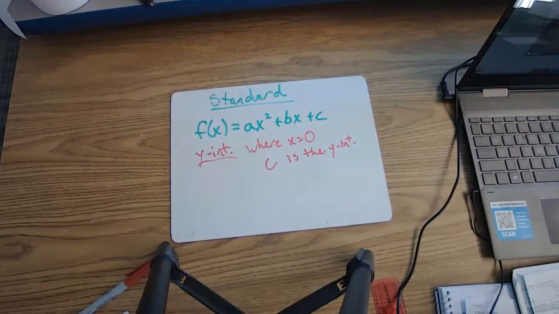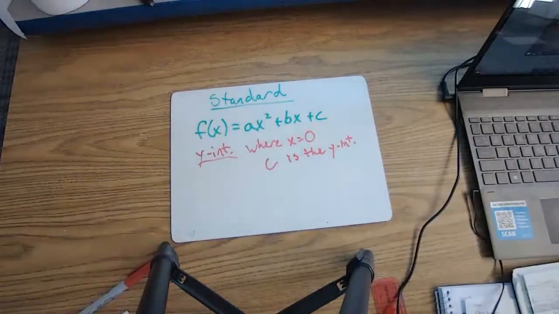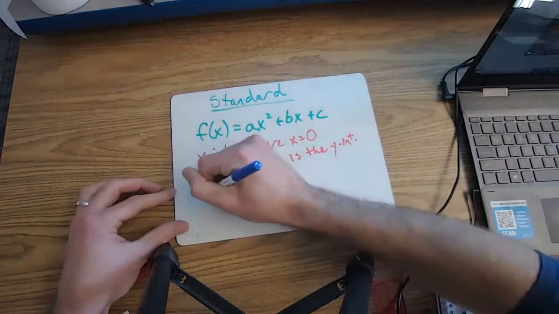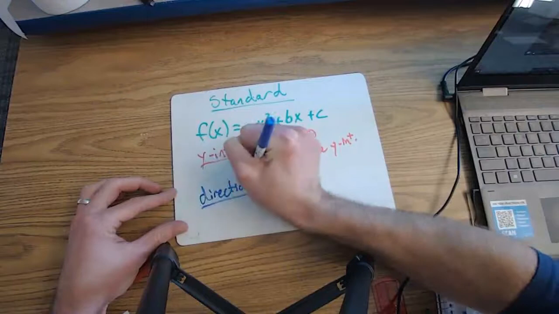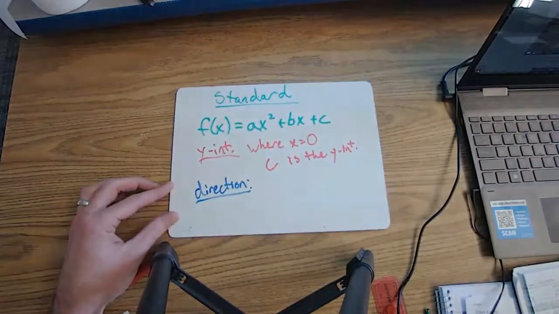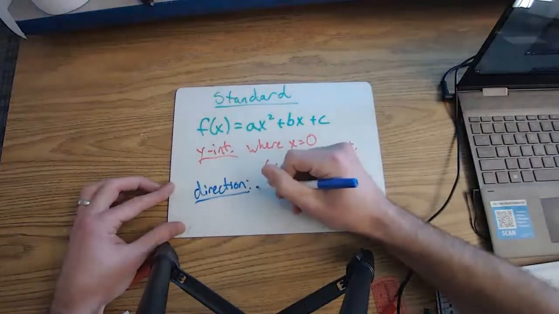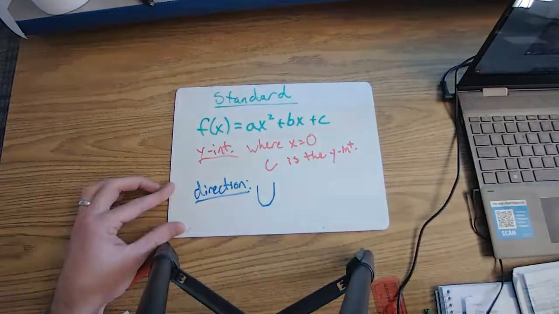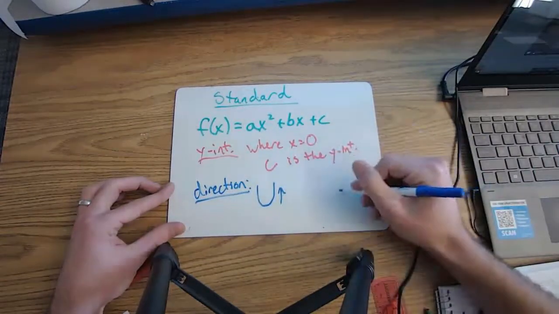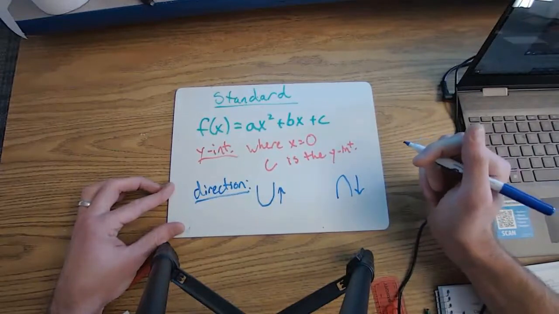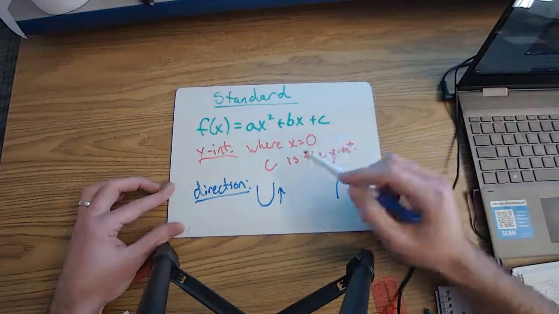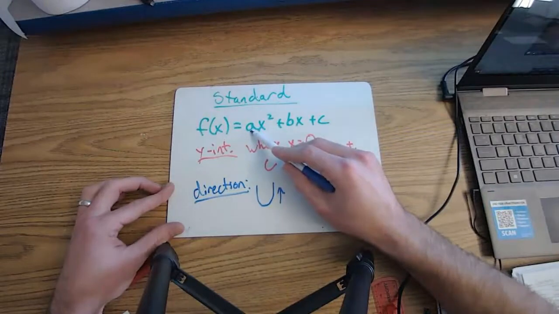You can also tell the direction of the parabola using this as well. Okay? So that's if it's going up like a smiley face, or down like a frowny face. All right? And we can tell that using a.